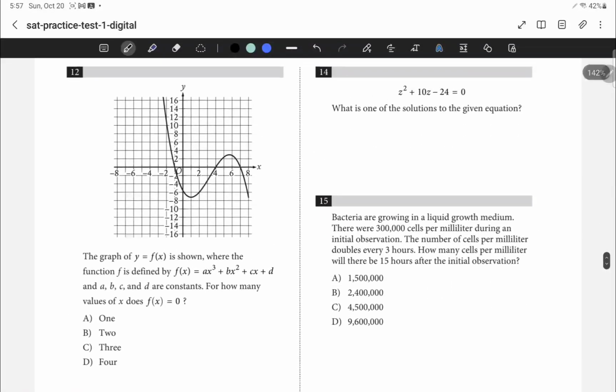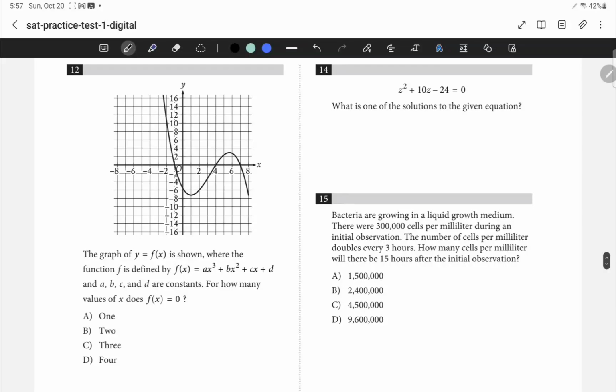The graph of y equals f of x is shown, where the function f is defined as ax cubed plus bx squared plus cx plus d, and a, b, c and d are constants.